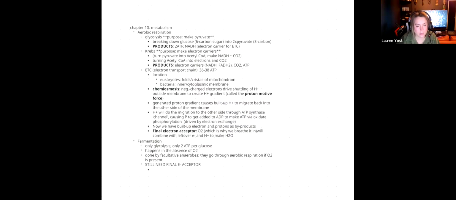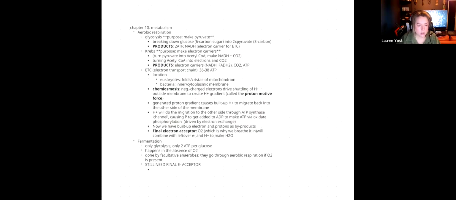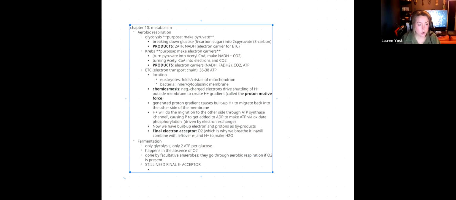That NADH is carrying an electron. Normally, in aerobic respiration we will take that NADH and put it in our big pile of NADH and say, this is all going into the electron transport chain so that we can make ATP.